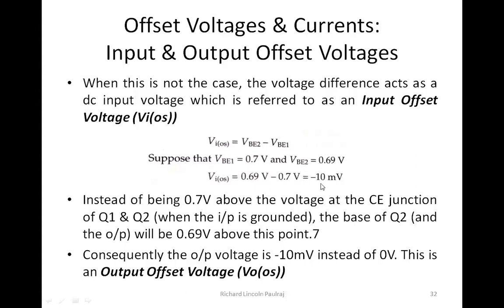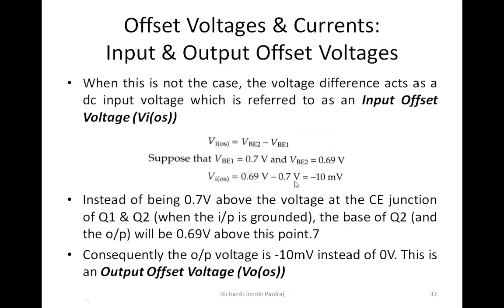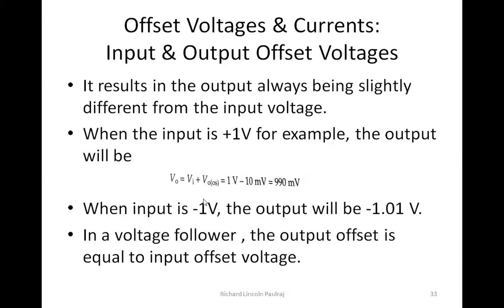Minus 10 millivolt was the difference, but still we were able to find out that because of that difference, our output is actually adding with the offset. The final output is actually adding with the offset voltages, and this offset voltage is nothing but minus 10 millivolt, which we saw previously, right? Because the same thing will be reflected at the output as well. So ultimately it is not giving us a proper 1 volt, but it's giving us 990 millivolts.